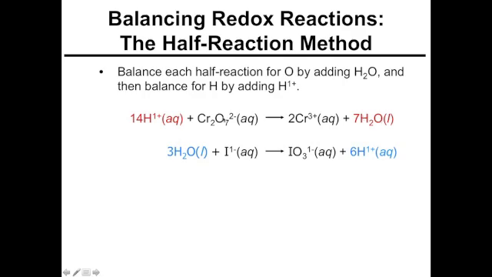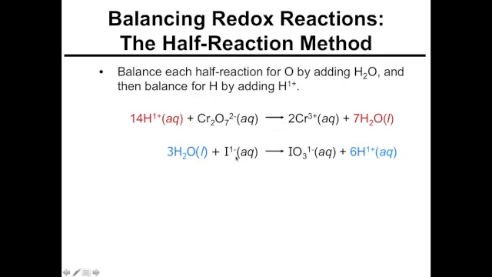Now my oxygens and my chromiums are balanced, but I now have 14 hydrogens, so I need to add 14 H+, because again we add hydrogens in the form of H+, or hydrogen ions, to the reactant side. So now I have 14 hydrogens over here, 14 hydrogens, 2 chromiums, 7 oxygens, 7 oxygens. So all of my masses are balanced in this half reaction.